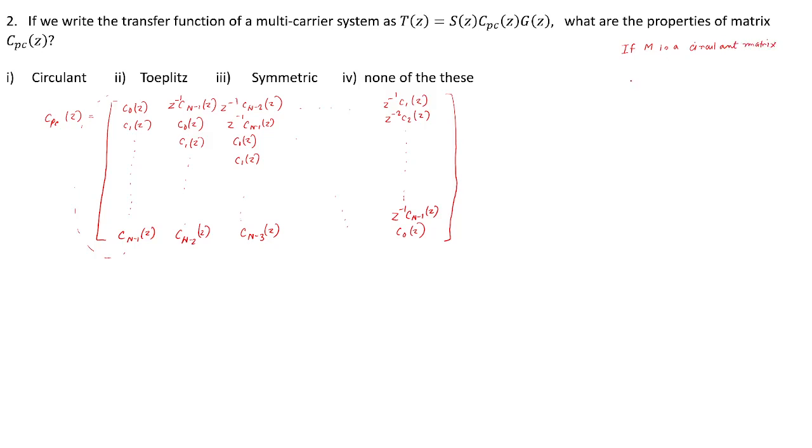M has the following structure. It's M0, M1 up to M n minus 1. We are also considering it to be an n cross n matrix only.